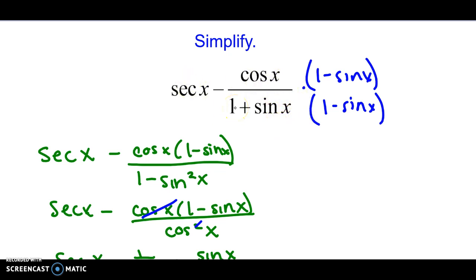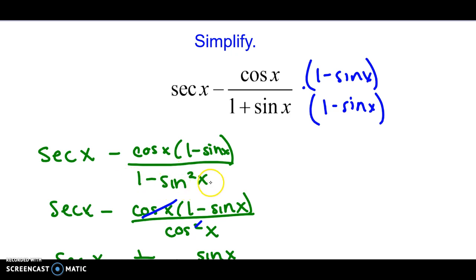Okay, so like I said, I would multiply this part of the expression by the conjugate of the denominator, which is 1 minus sine of x. Note, I could have also had a different first step. I could have also gone to a common denominator first and then simplified, but I like this way. So I did that, and I got this part here.